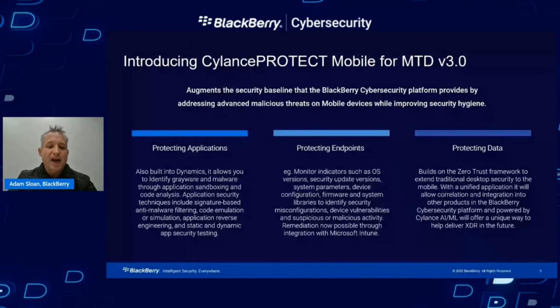We're also looking at application security techniques, looking at remote reverse engineering of those types of attacks, really just to make sure those applications are safe. And we're able to provide this visibility to you by using either BlackBerry UEM with the protected applications or standalone using CylancePROTECT for mobile. Being able to give you that visibility and ability to protect the endpoint.